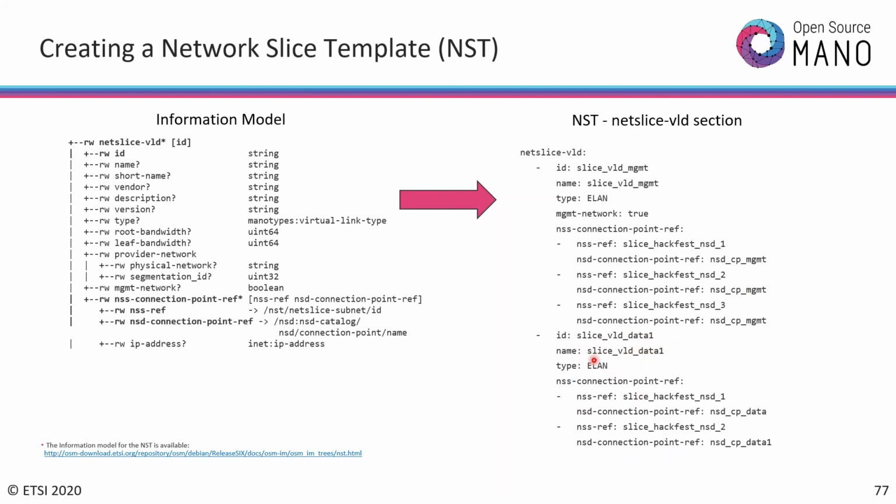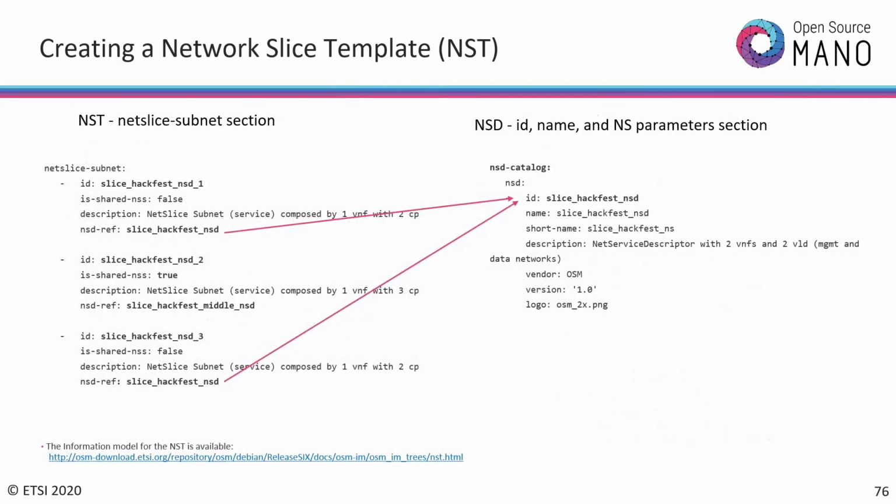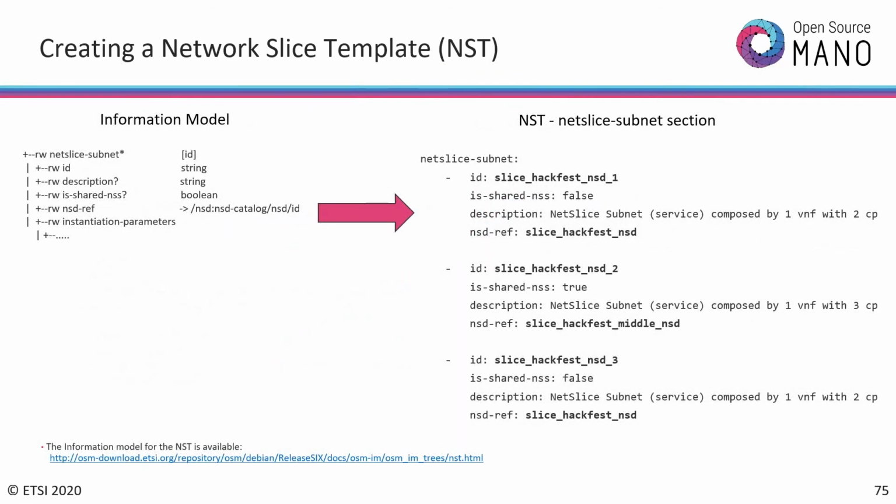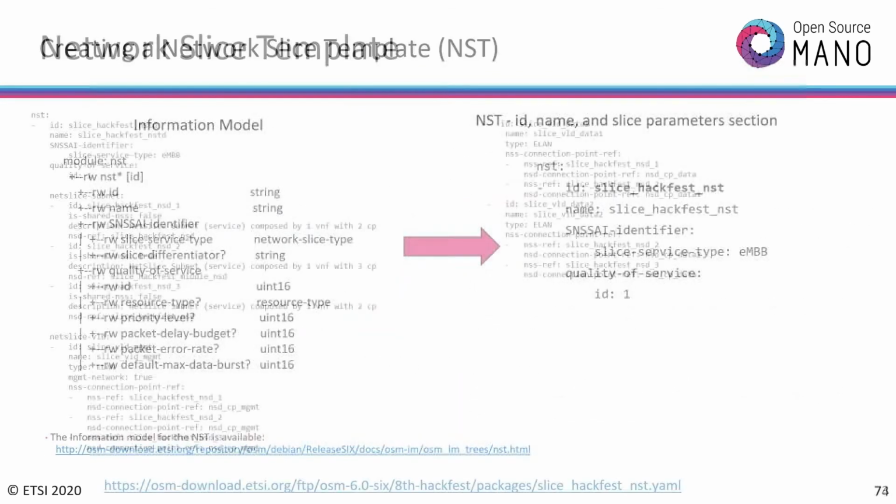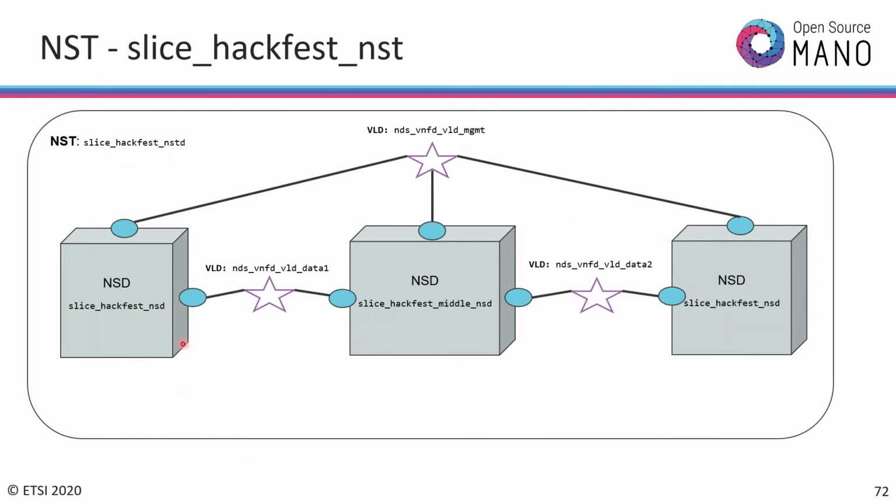The other VLD is the one that connects the edges to the middle. So it is here, this is the connection point, and the other VLD is to connect the edge with the middle network service. Any questions until now?